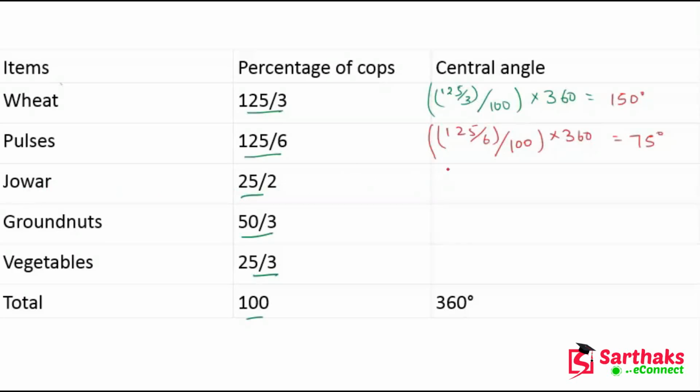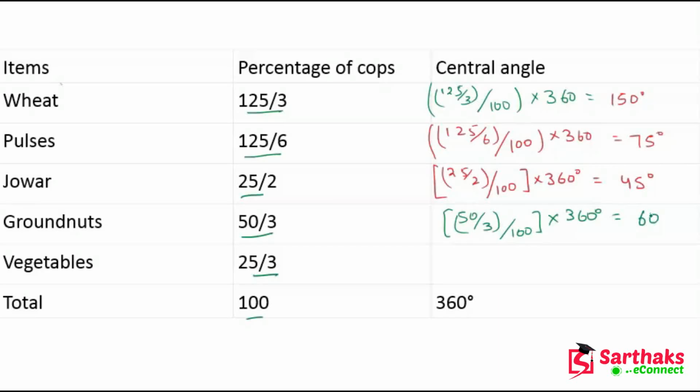For the component of jowar, 25 upon 2 divided by 100, multiplied by 360 degrees, we get 45 degrees. Then 50 upon 3 divided by 100, multiplied by 360 degrees, we get 60 degrees. Then 25 upon 3 divided by 100, multiplied by 360 degrees, we get 30 degrees.